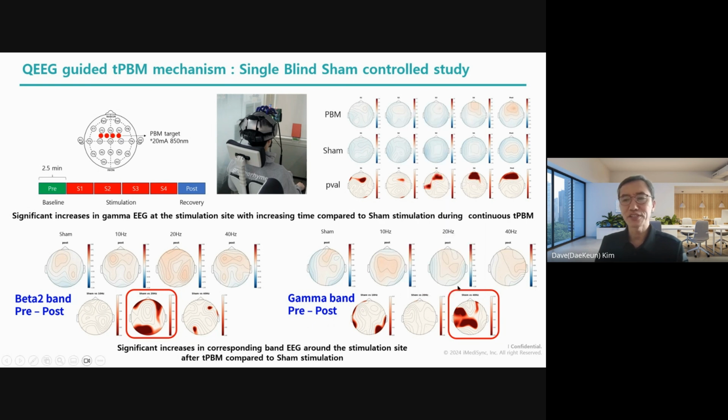The 40 Hz stimulation makes gamma band changes, but 20 Hz stimulation cannot, and 10 Hz makes a little gamma band change. It's a little cross-related, I think, but it is not big compared to sham and the 40 Hz stimulation in the gamma band activity changes. So I think this is the entrainment effect.